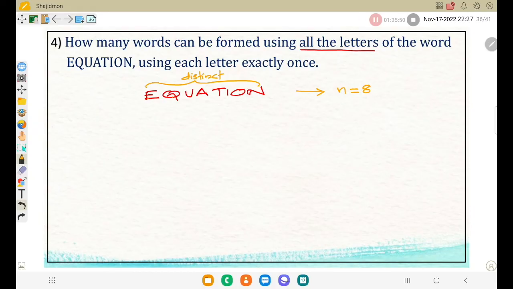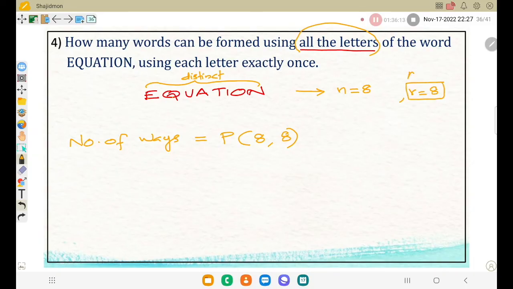8 letters. How many do we need at a time? All the letters. So what will be the permutation? Number of ways equals permutation of totally how many letters? 8. Taking how many at a time? All the letters, so 8 at a time. Correct? Because n equal to 8, r equal to 8. r equal to 8 means all the letters at a time.